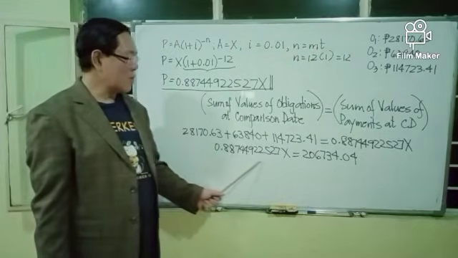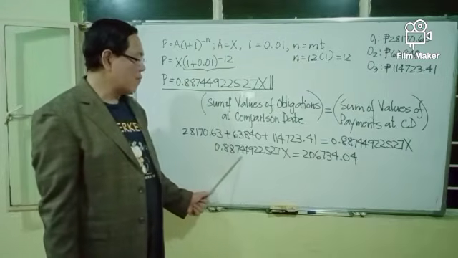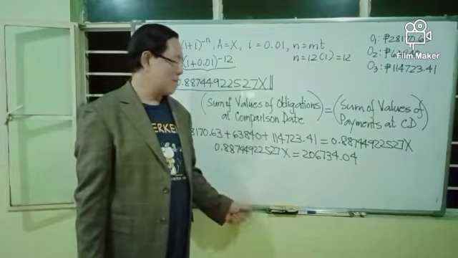And from this equation, we can readily solve for X by dividing both sides by 0.88744922527.